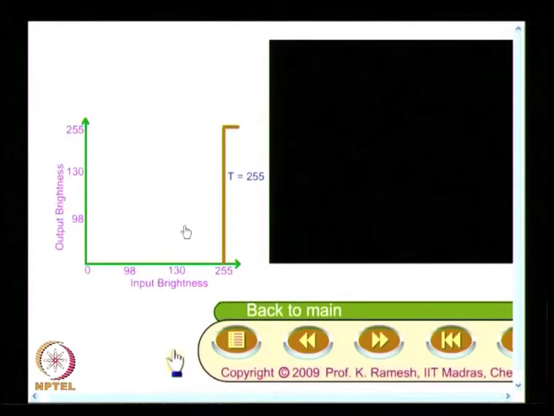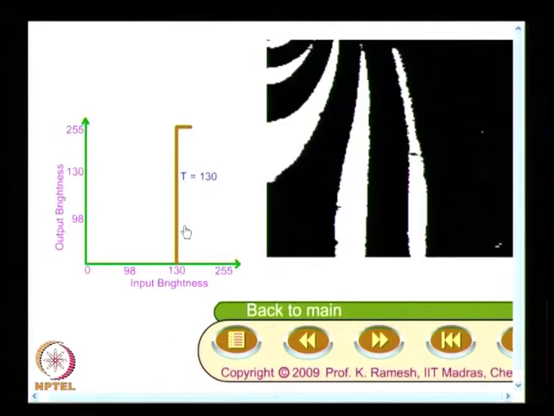I will apply thresholding with different thresholds. I put the threshold now as 130. Any gray level value below 130 I make black, any value above 130 I make white. I start seeing black regions and white regions demarcated, and the black regions are nothing but your fringe contours.